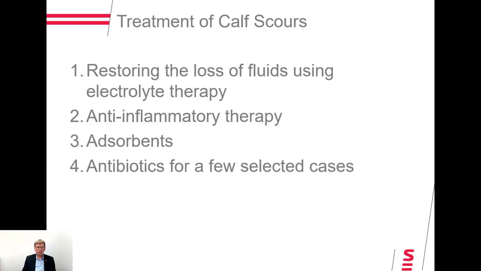We will be talking about the benefits of an anti-inflammatory therapy, the use of adsorbents, and last but not least, there are a few indications, and I stress the few, where antibiotics are really needed for diarrhea.